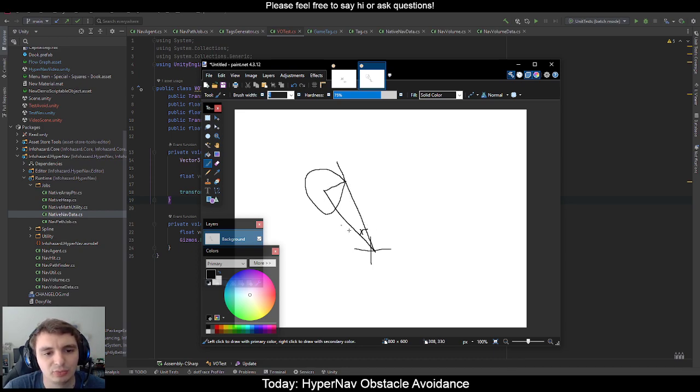We know this distance, and we know this distance. We know this angle. So then I think we can use the law of cosines, or is it the law of sines here?